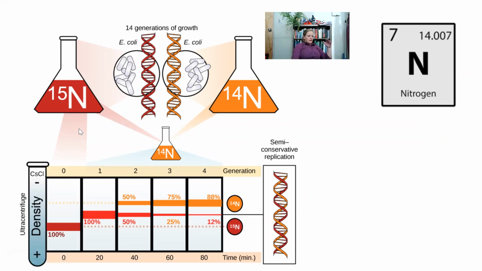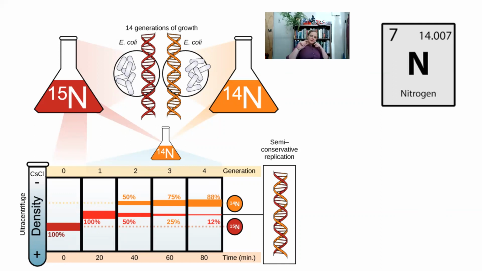At generation 0, they just plop in some that have only ever had N15, and sure enough, the band comes out as expected. After one generation of growing on this new media, they find that the band is coming out a little bit lighter.